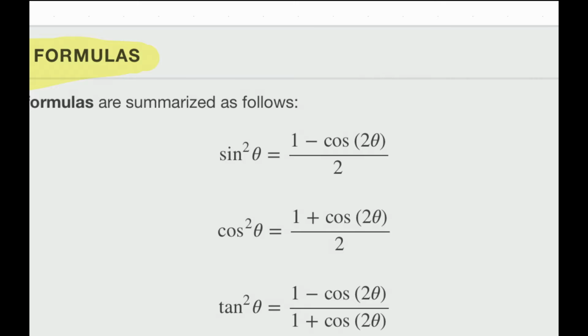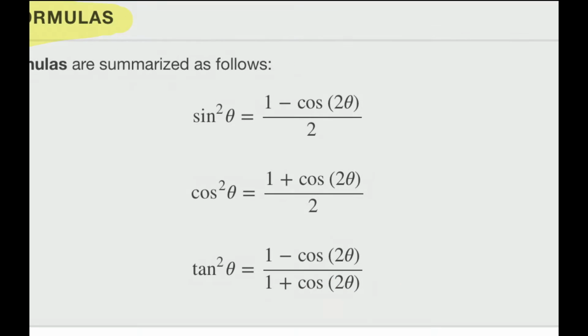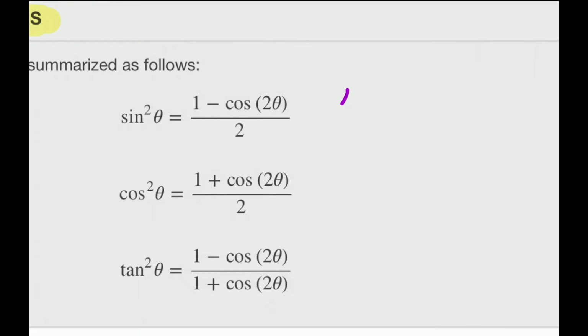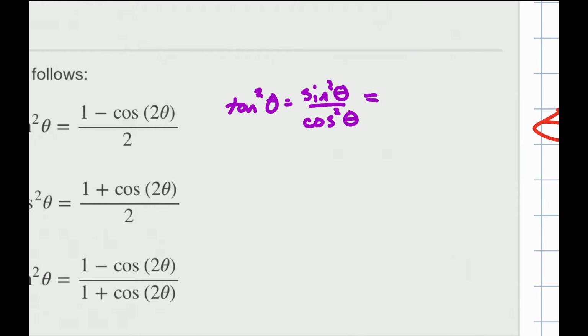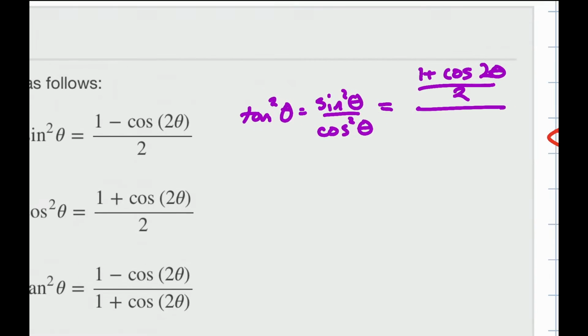Okay. And then in order to get this last one, tangent squared theta, what you do is you divide these. If you wanted tangent squared theta, it would be sine squared theta over cosine squared theta. So sine squared theta is 1 minus cosine 2 theta over 2, over cosine squared, which is, I wrote that wrong.